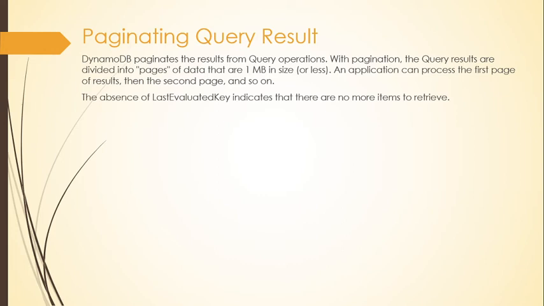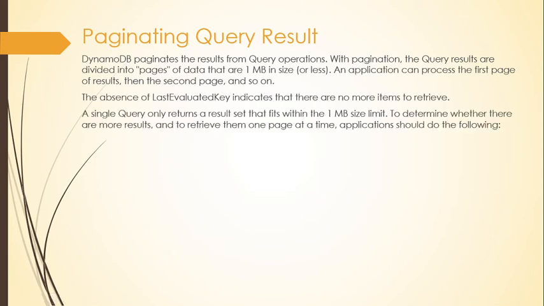The absence of LastEvaluatedKey indicates that there are no more items to retrieve. So LastEvaluatedKey indicates whether there are more items remaining to retrieve or not. If LastEvaluatedKey is absent in your query result, it means there are no more records to retrieve.